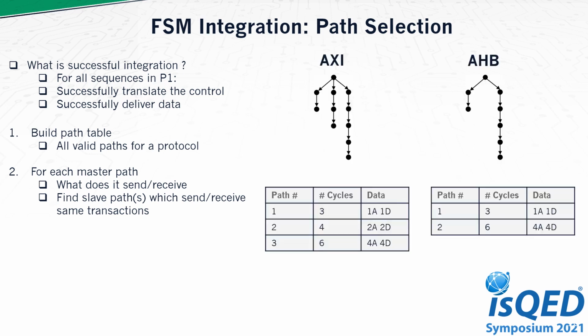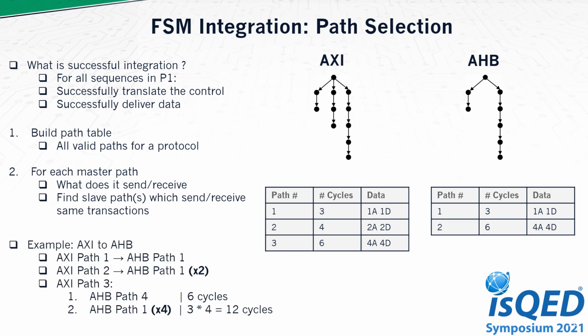For AXI, we can identify 3 paths, and in AHB, we can identify 2 paths. We keep track of the number of cycles for each path, as well as the transactions sent or received along each one. Then we loop through all the paths in the master protocol and identify the ones that send data. For each of these paths, we perform a lookup operation in the slave protocol table to identify paths we can use to satisfy the master path.